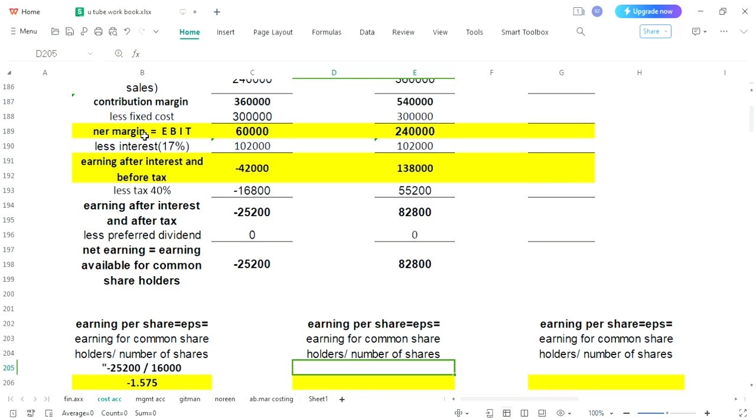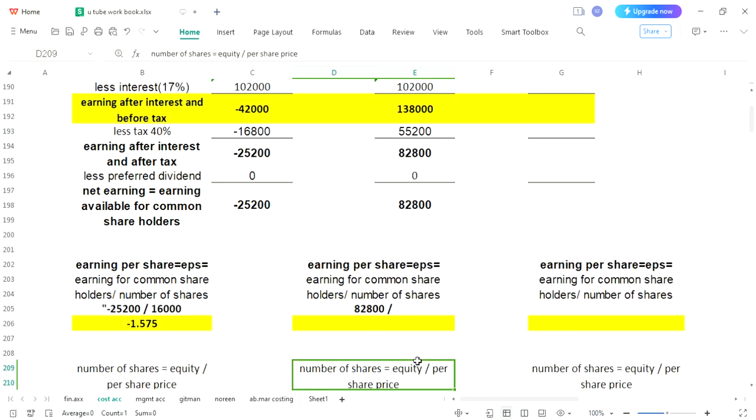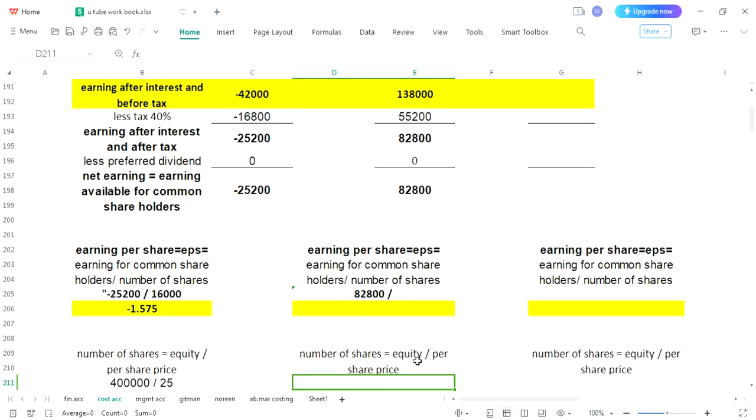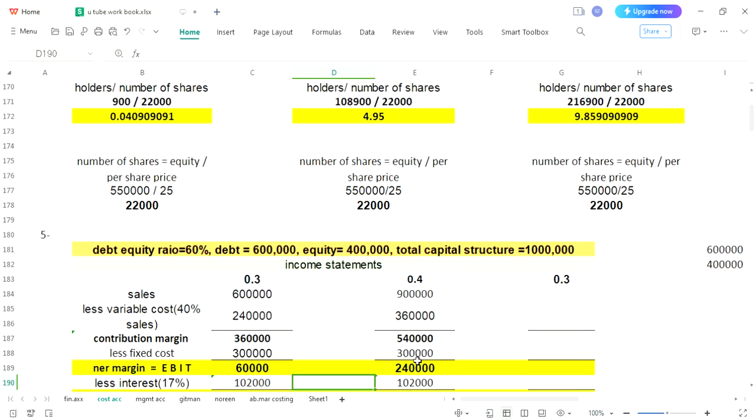This earning would be used to calculate your EPS, for which we need the number of shares as well. Let's calculate the number of shares by dividing equity by the sale price. Equity just mentioned over here has been changed to 4 lakh.